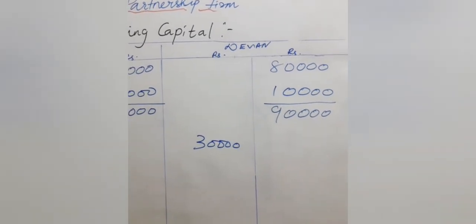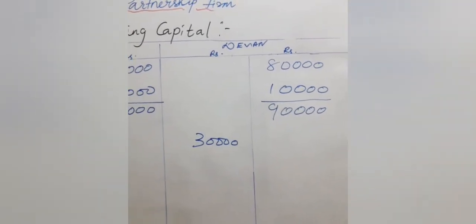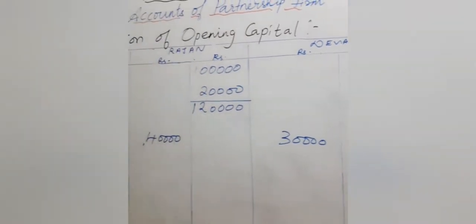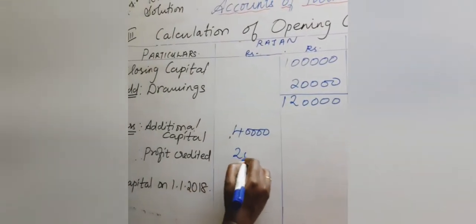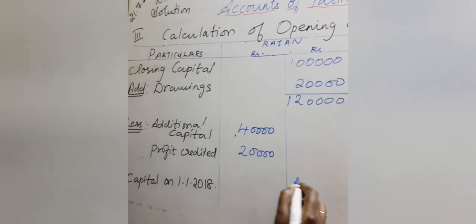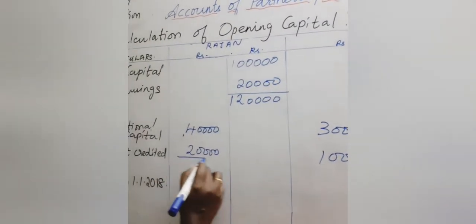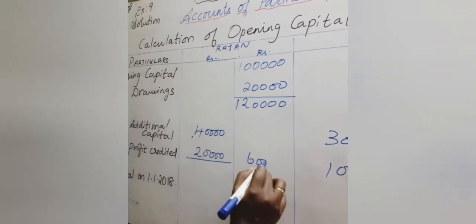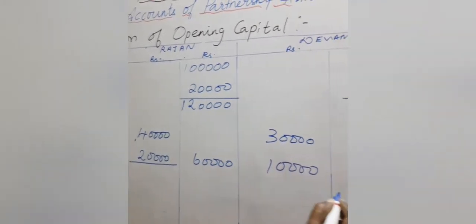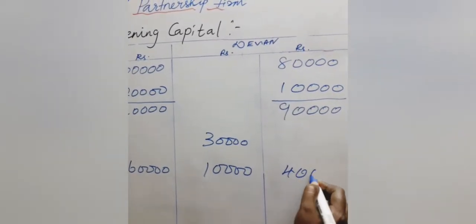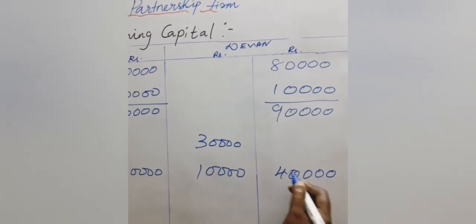Next, we have calculated the profit already, children. So profit credited is, from the previous section, 20,000 for Rajan and 10,000 for Devan. You total this and put it in the outer column, you get 60,000 here and 40,000 for Devan.